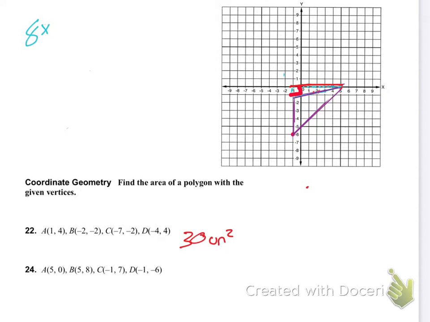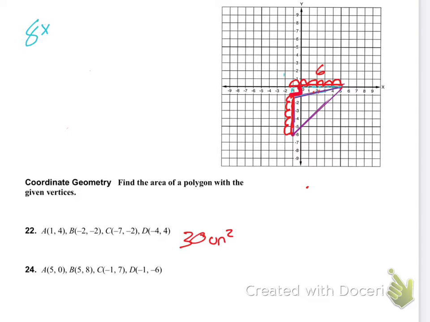So the height of this is 1, 2, 3, 4, 5, 6. So the height of that triangle is going to be 6. However, the base of the triangle is only going to be right here. That's going to be 1, 2, 3, 4, 5. And this is a triangle.